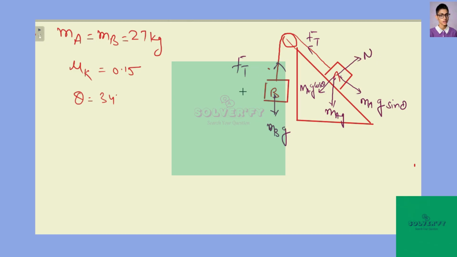Now this block will go downward with an acceleration, let it be a. Similarly, the acceleration of block A will also be a. When this block moves upward, there is a friction force acting along the inclined plane, let this friction force be denoted by small f.